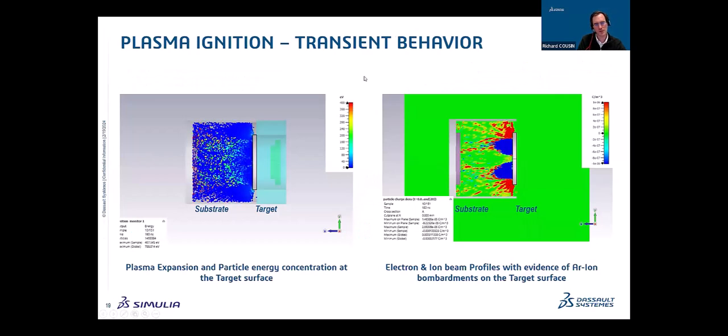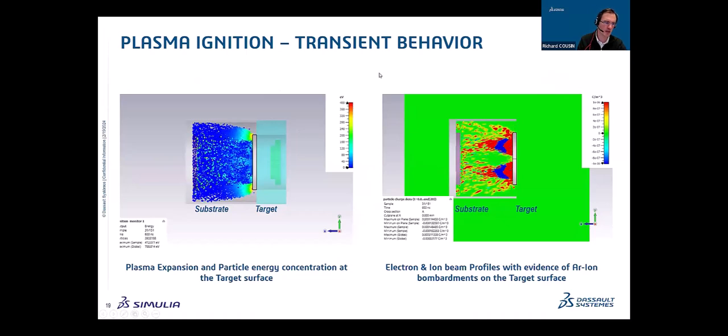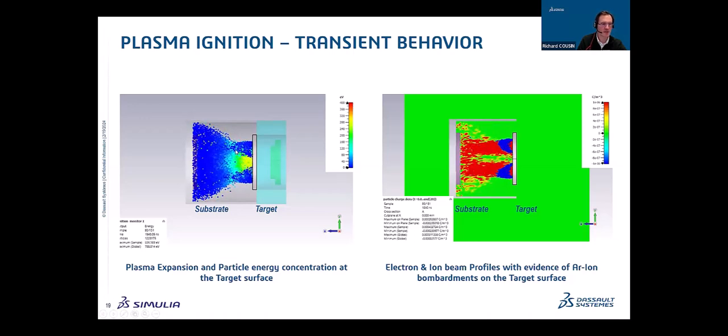This is the type of results that we can extract out of the simulation. This is a real transient behavior. On the left-hand side, you have the energy distribution of the species created in the device. Then you can see the electrons and the ions, which are moving into the whole device.